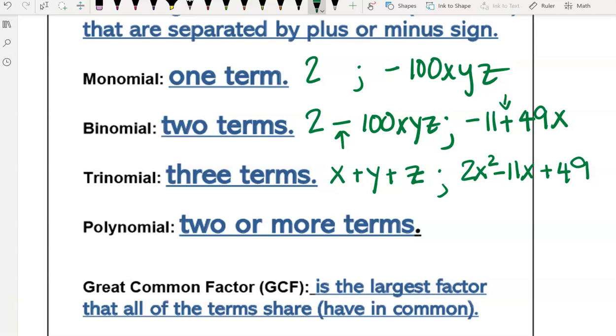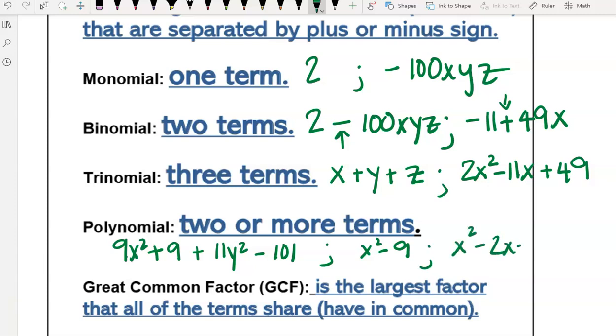Usually we use the word polynomial if we have 4 or more, okay? So for example, we would have 9x squared plus 9 plus 11y squared minus 101. So that would be 4 terms. So that's a polynomial. We could have x squared minus 9. That's a binomial, but it's also a polynomial. We could have a trinomial, x squared minus 2x plus 1. That's also called a polynomial because it's 2 or more, okay?